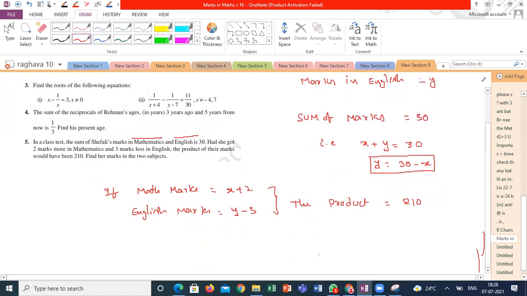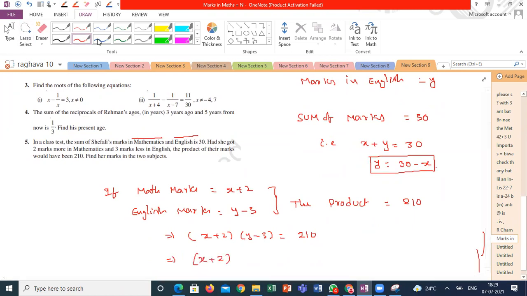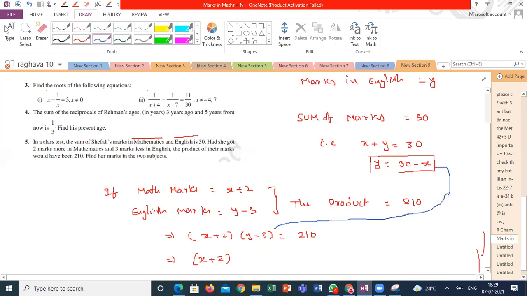So x plus 2 into y minus 3 is equal to 210. From here, I want to eliminate the y value using this relation. Actually, if I multiply straight away, I get a 2 variable equation. So what is the y value? x plus 2 into 30 minus x minus 3 is equal to 210.